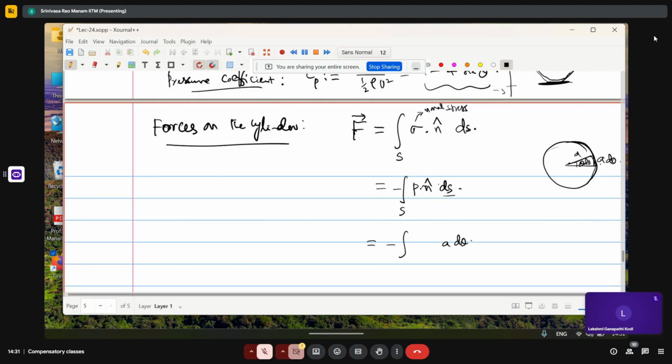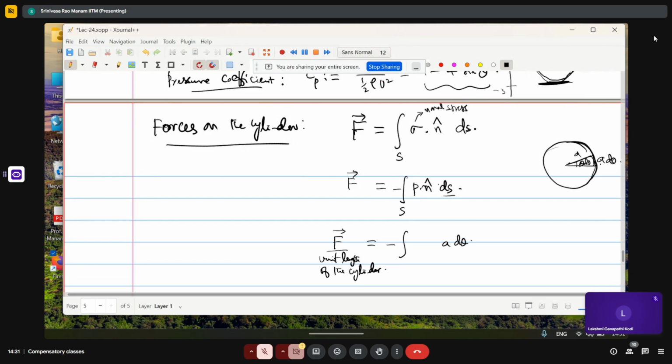And then, what is that p normal? So then what you should have is the force, once you reduce it over the cross-sectional area, per unit length of the cylinder, isn't it?